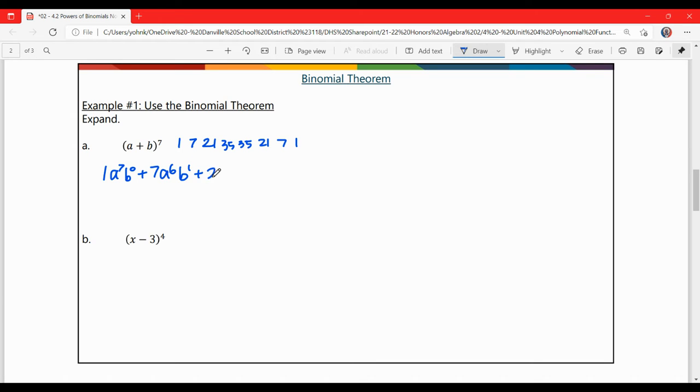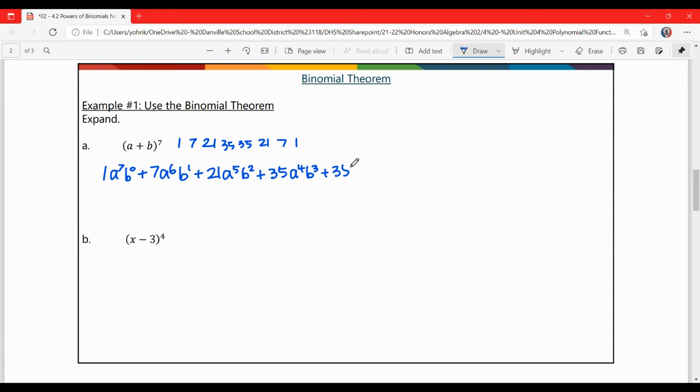Then we're going to grab the next coefficient, 21. We're going to go down a power of a, up a power of b, plus the next coefficient, down a power of a, up a power of b.